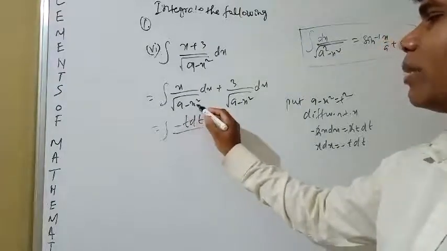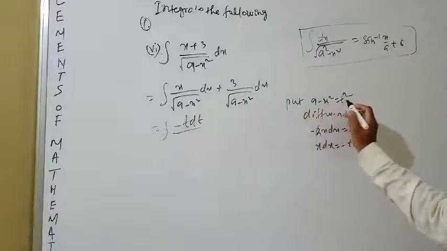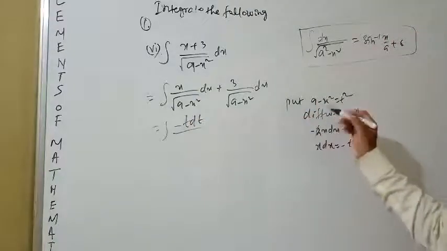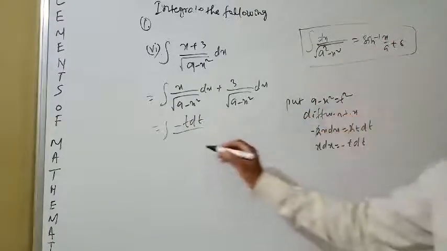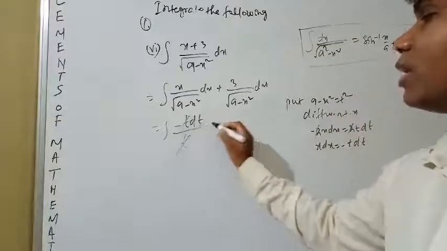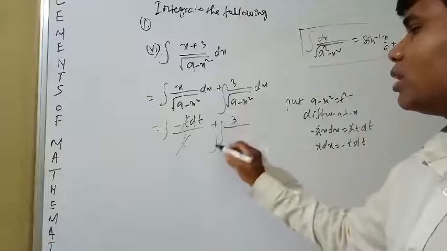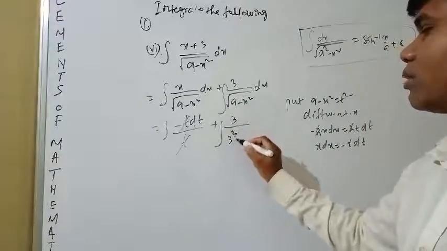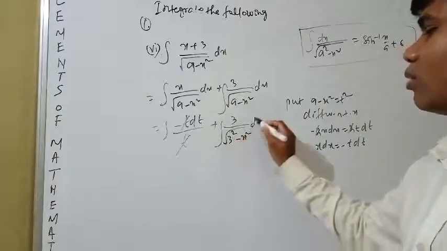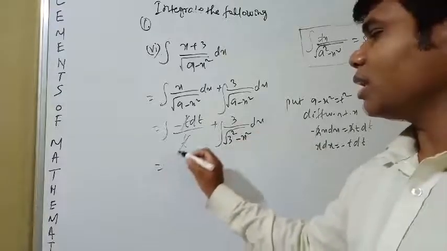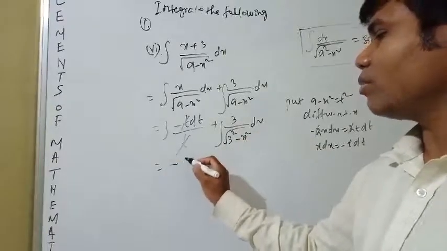So the first part is minus t dt by root over 9 minus x square, which is equal to t, because 9 minus x square is equal to t square. So t will cancel out. Plus 3 integration, where 9 means 3 square minus x square root over dx. Integration of minus dt is minus t.